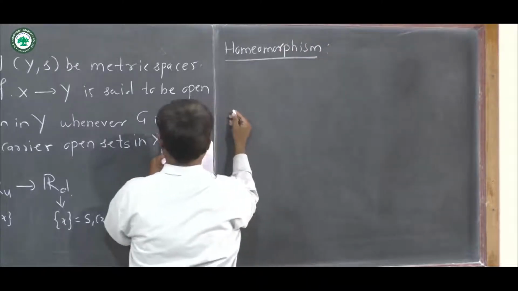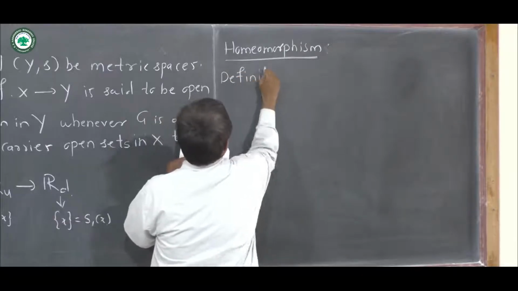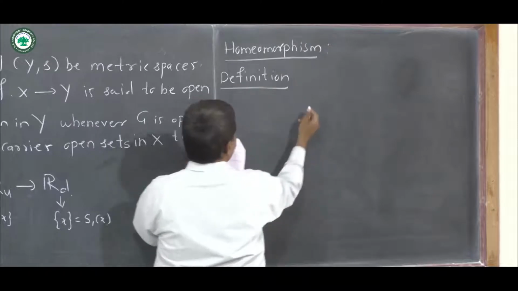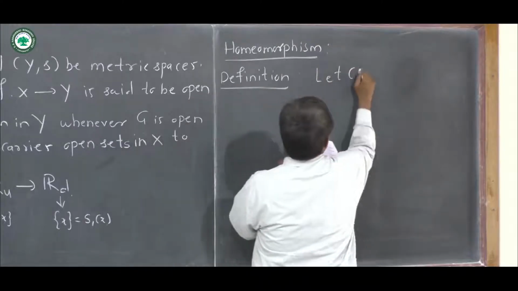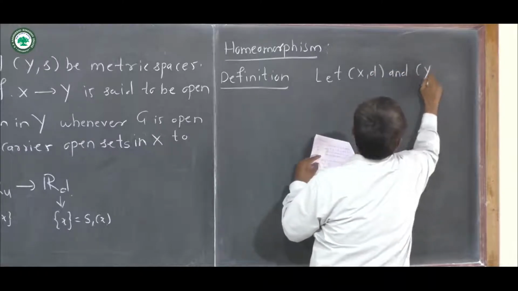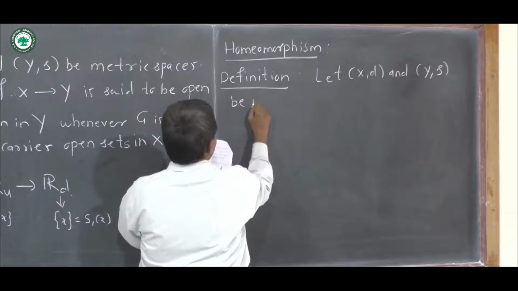The definition is that let (X, d) and (Y, ρ) be metric spaces.